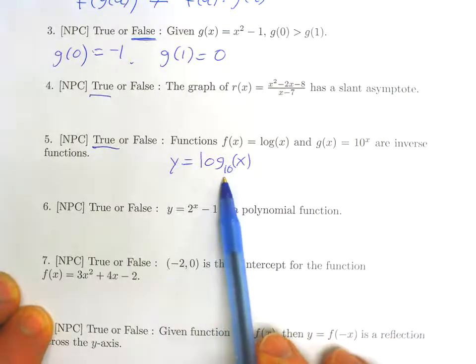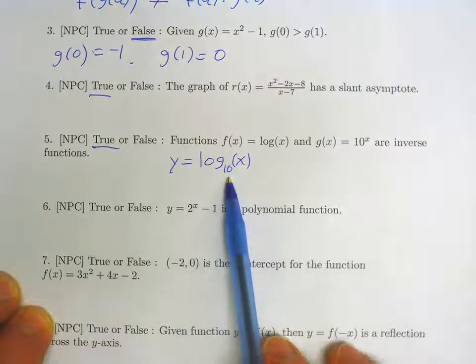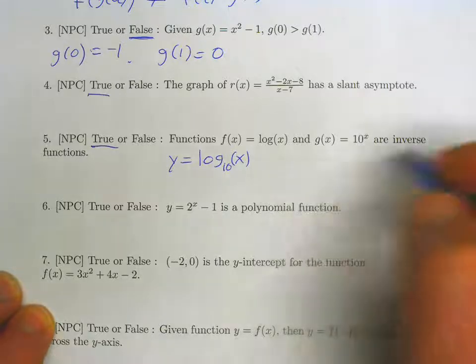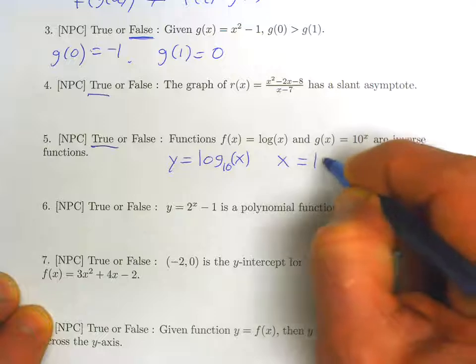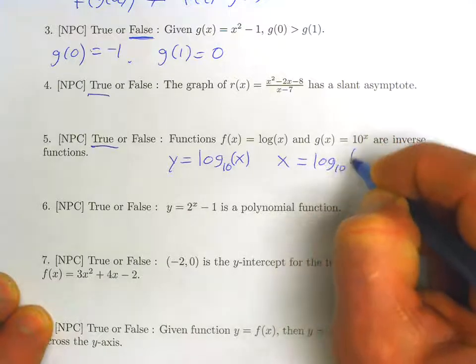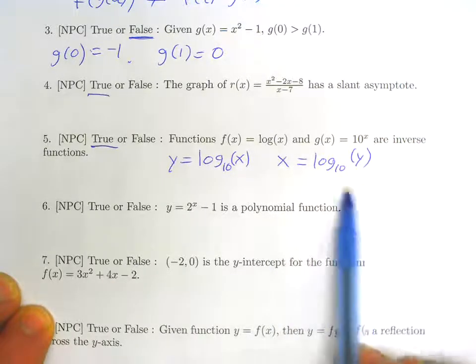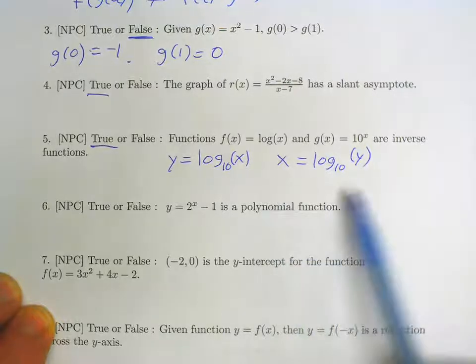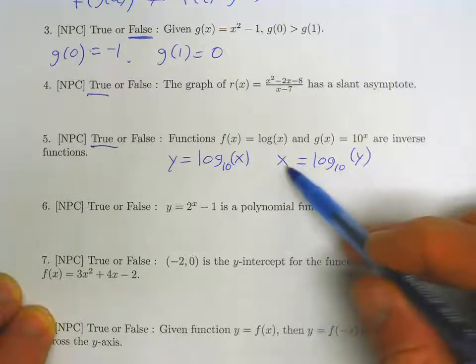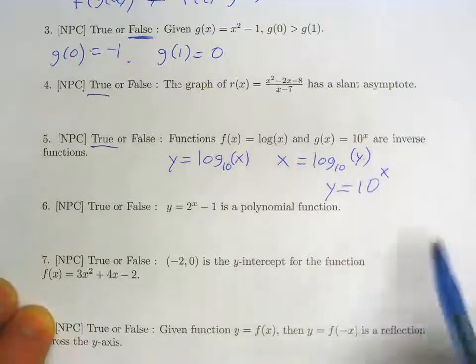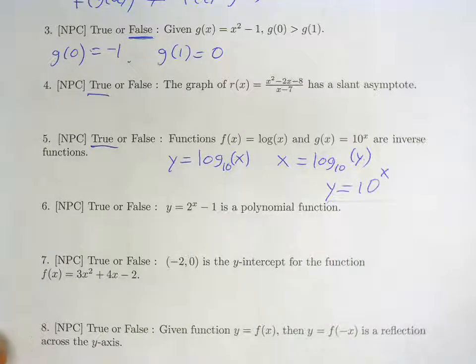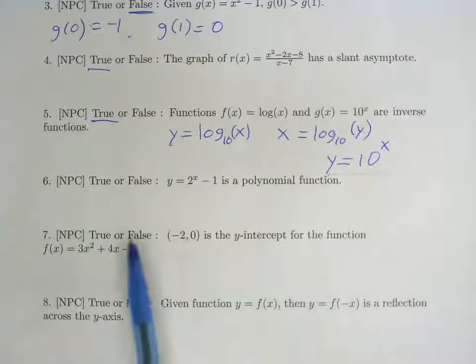So I just wrote in 10, not required. Then if you interchange x and y, x is log base 10 of y, then convert this to its exponential equivalent. 10 to the x equals y, or y equals 10 to the x. So they are inverses.